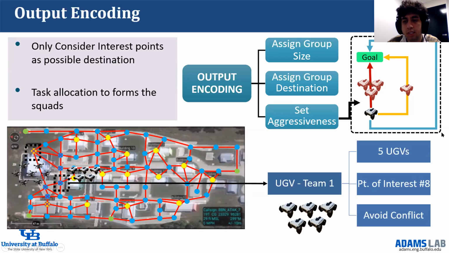And if there's really enough time and the robot team is small, we should make a bigger detour. So this is how we define the actions, and the actions can only be chosen from these Pareto front interest points. By doing this and keeping a fixed number of squads, we made the number of actions also limited, also fixed. So this helps us to have a fixed input and output size, which makes learning possible.